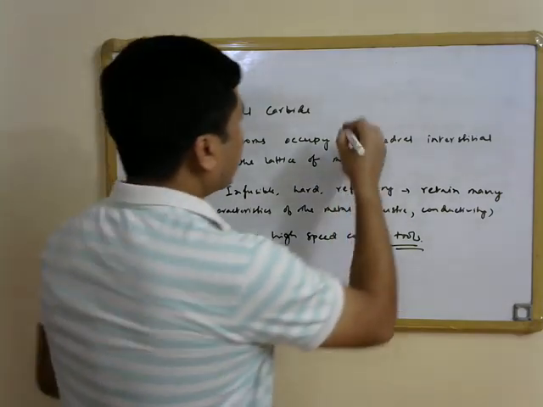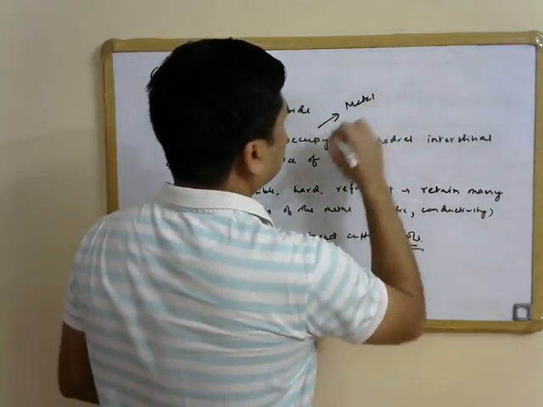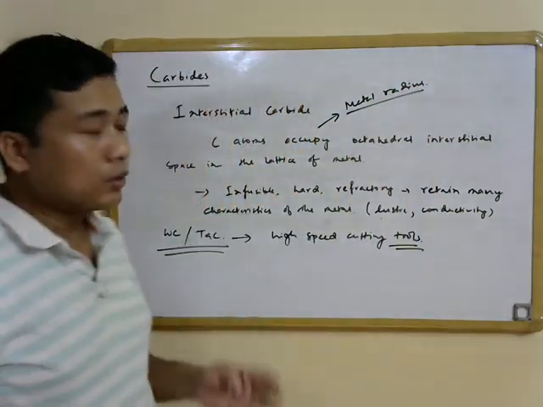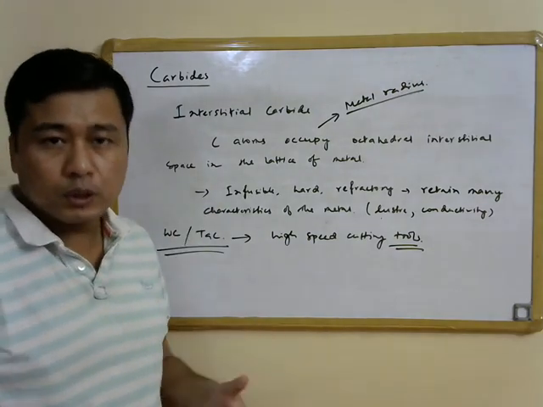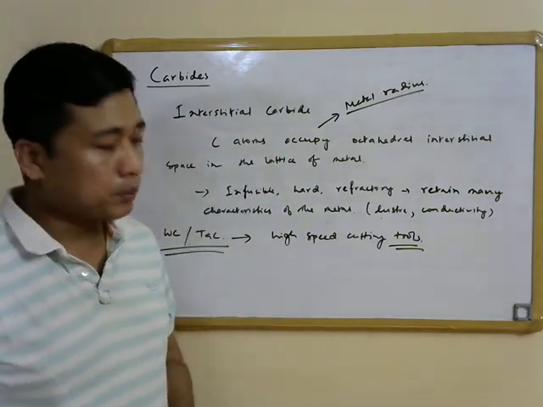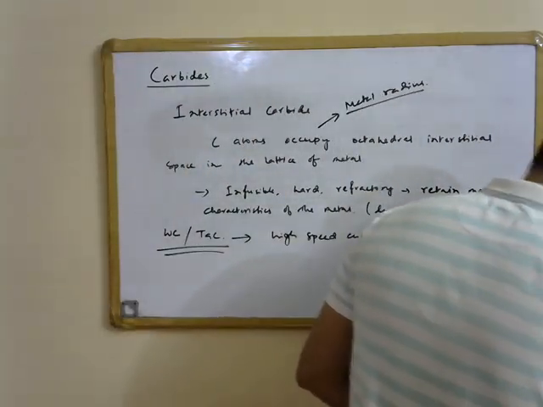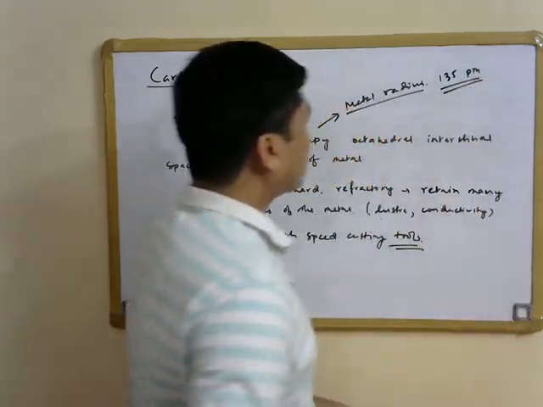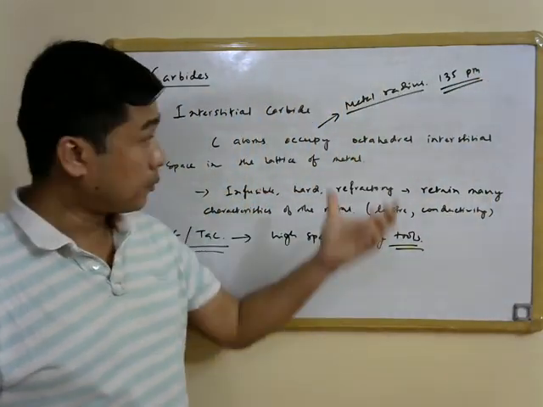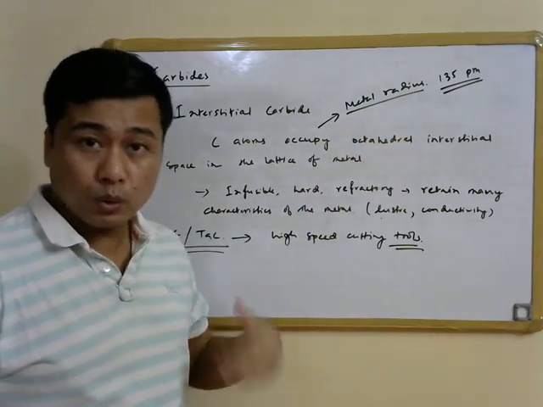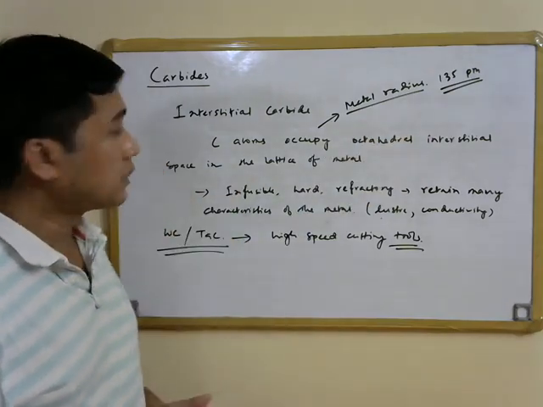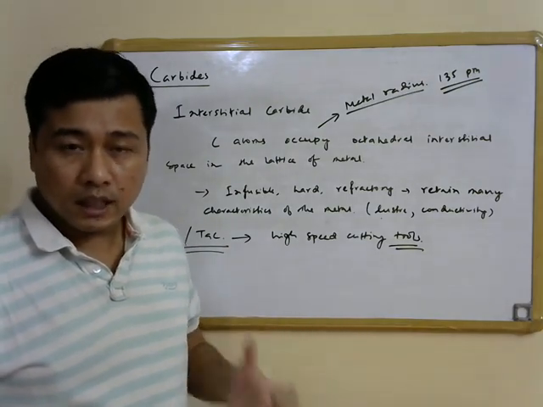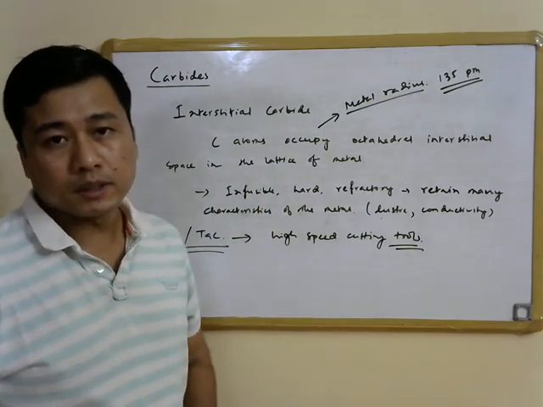The threshold metallic radius for accommodating a carbon atom in the interstitial space is equal to 135 picometer. So metals which have atomic radius of 135 picometer or above can form interstitial carbide, because now the interstitial void is large enough to accommodate a carbon atom.